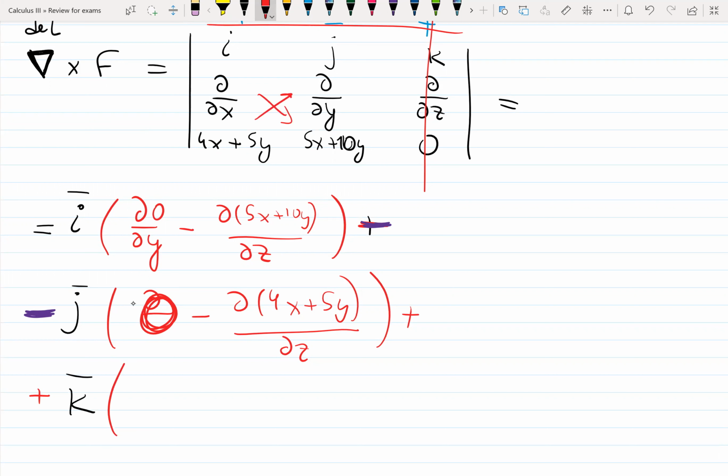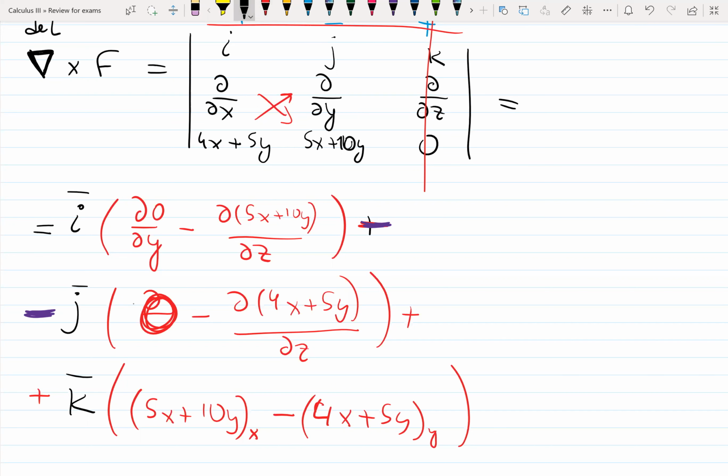And this will be the full derivative of everything. You can use short notation, like so, 5x plus 10y with respect to x. That's a partial derivative with respect to x. Nice short notation if you don't like this d thing. And then 4x plus 5y with respect to y.